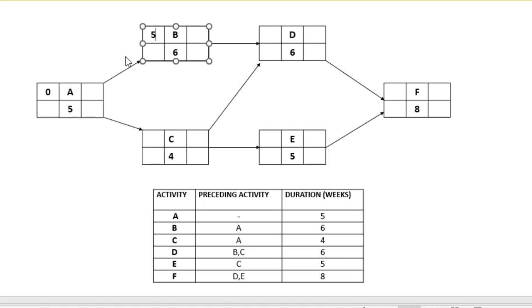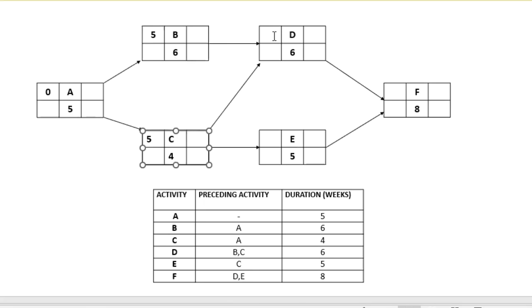Now for C, what is the earliest start time for C? Think about it. How long will A take? 5 weeks, right? And so C can start at 5 weeks. Now, let's look at D. It is obvious that D will commence after B is finished and C is finished.